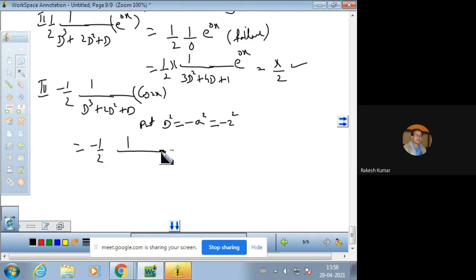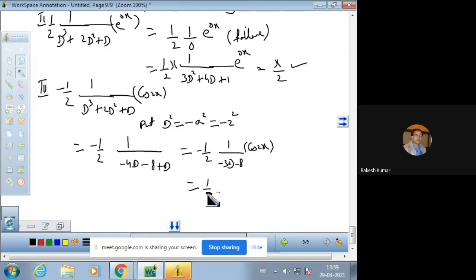So minus 1 by 2, that comes out to be minus 4D here, and minus 8, because D square will be substituted as minus 4, plus D. And this is a minus 1 by 2. This comes out to be minus 3D minus 8 into cos of 2x.